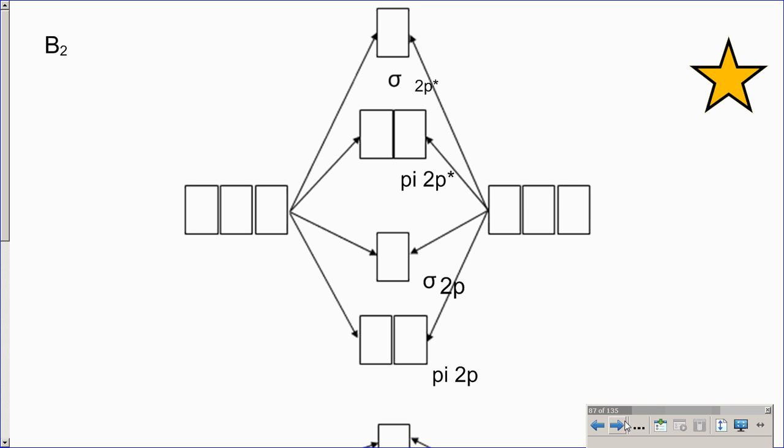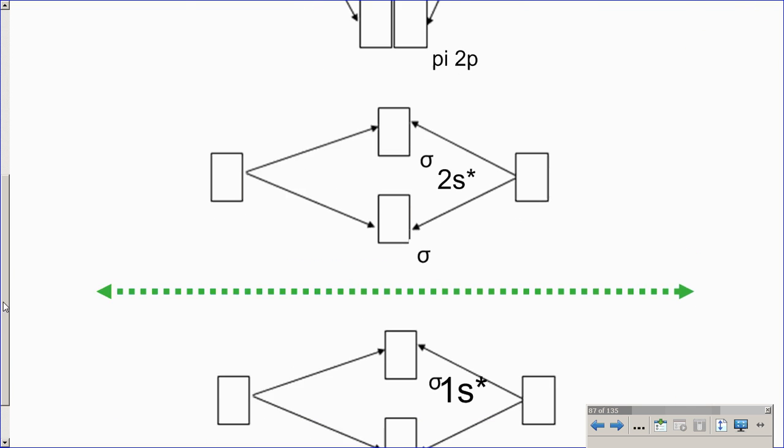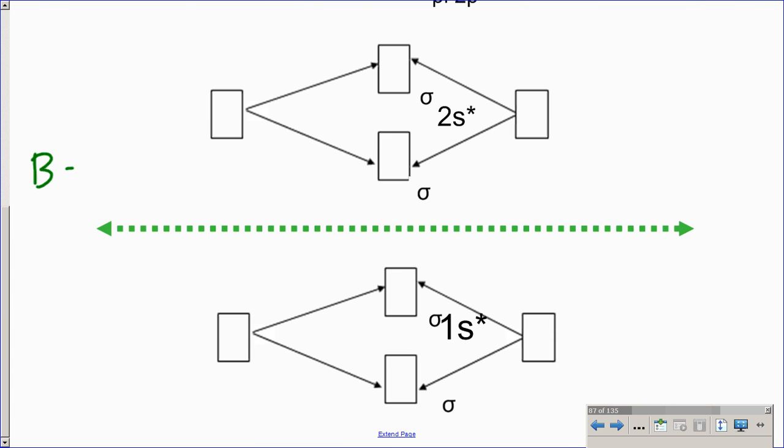Boron, because now we are dealing with p electrons, and p electrons occur in a sporadic direction. So I'm going to walk through this one for you first. Boron, starting low, is 1s2, 2s2, 2p1. It's sigma 1s and sigma 1s star down here.